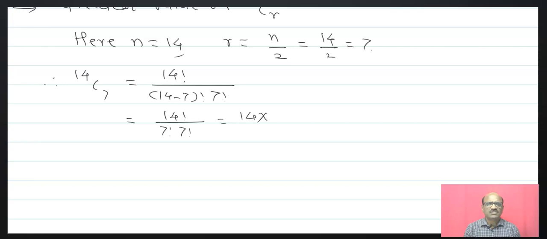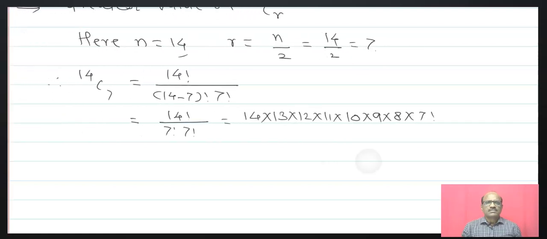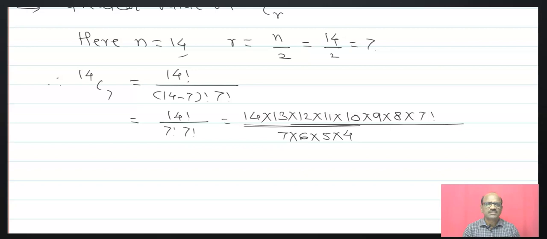Now this is a normal calculation; you can perform it on your own also. Up to 7 factorial in the denominator, 7 factorial into the remaining terms, and the 7 factorial gets cancelled.